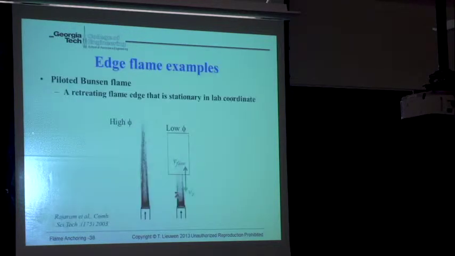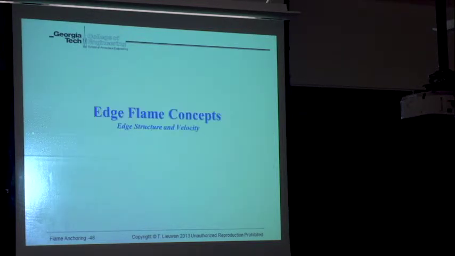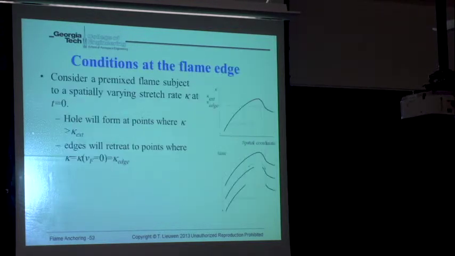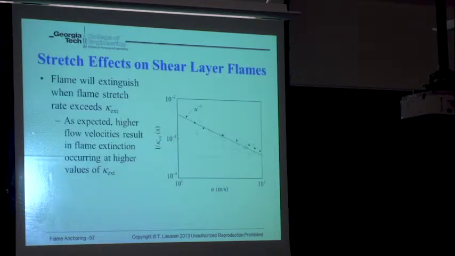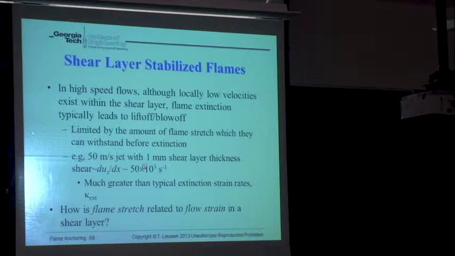So the flow strain rates that flames are seeing are really big in modern high-speed combustion systems. So if you just said, well, let me use that to predict flame extinction, that just wouldn't work. This number is much greater than typical extinction strain rates. But that raises a question: how is flame stretch related to flow strain in a shear layer?